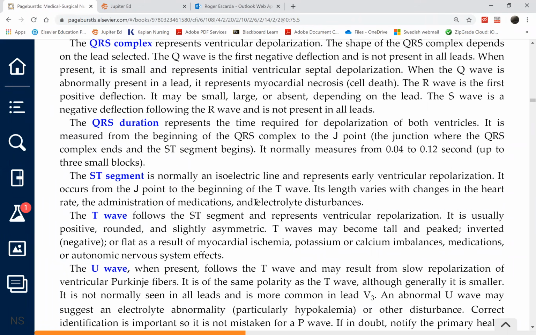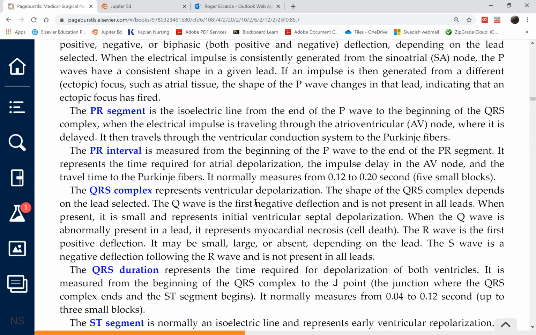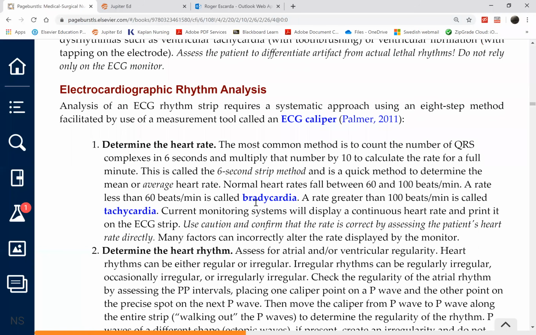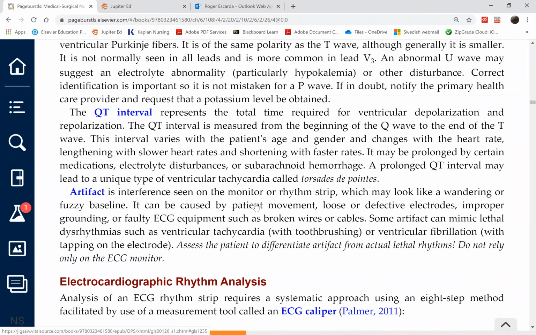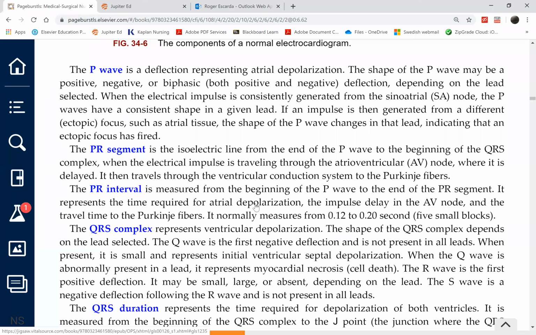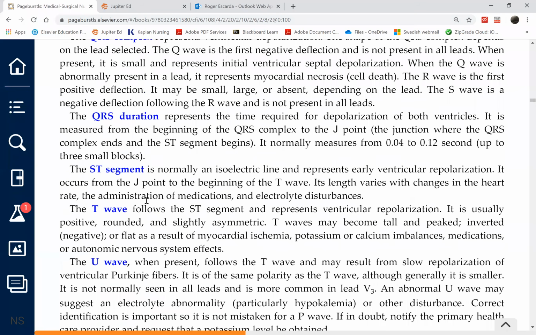Any question? Can you repeat that, Professor? The ones on the test which are important for EKG basic rhythm interpretation are the P wave, the PR interval, the QRS complex and duration, the ST segment, and the T wave.